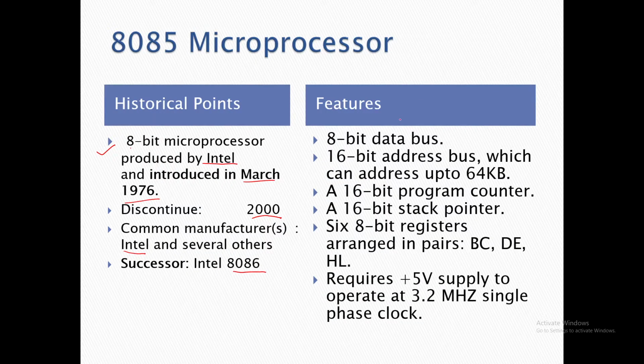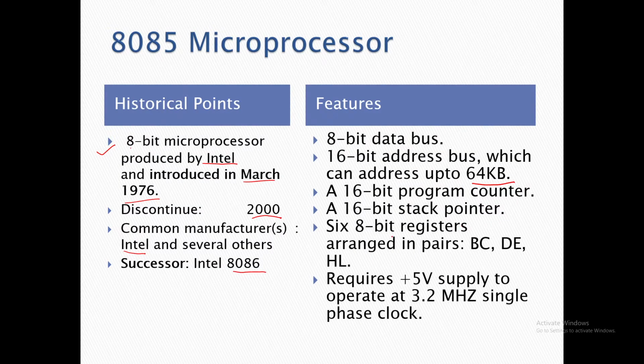Features which are the basic needs of today: it has an 8-bit data bus. It also has a 16-bit address bus which can address up to 64 kilobytes of memory, a 16-bit program counter to access such a memory, and a 16-bit stack pointer to access the stack memory.